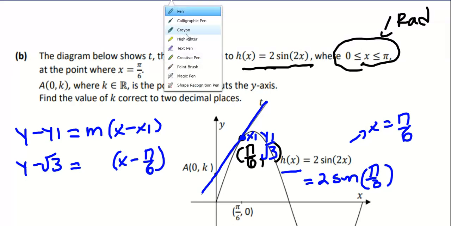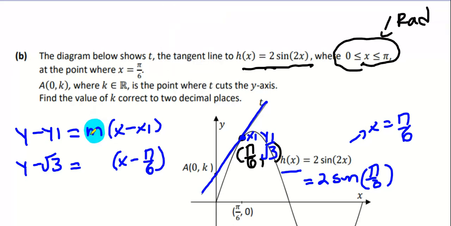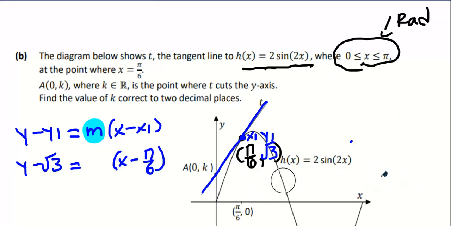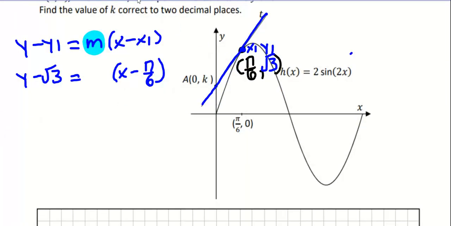The only thing I'm lacking is the slope. And what we learned in calculus is that the slope is always the first derivative. So I'm going to differentiate this function here to find its slope, because it's a tangent, it's the slope at that point. So I'm going to differentiate it once.